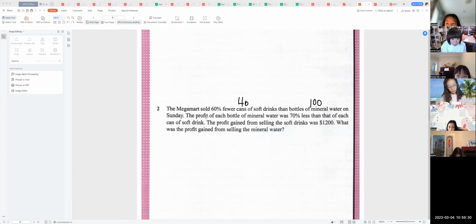Okay. So the profit of each bottle of mineral water is 70% less than that of each of the soft drink.